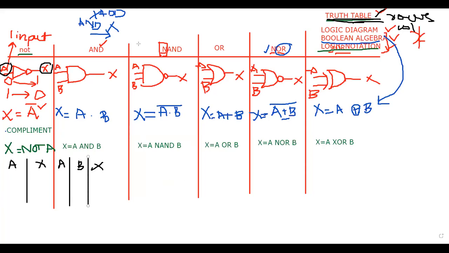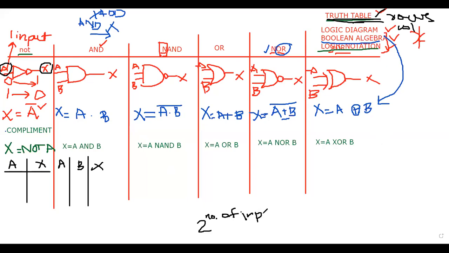Okay, let me first tell you about one table, because then the number of columns and rows, how many rows would there be? There is a formula for that: 2 raised to the power number of inputs.